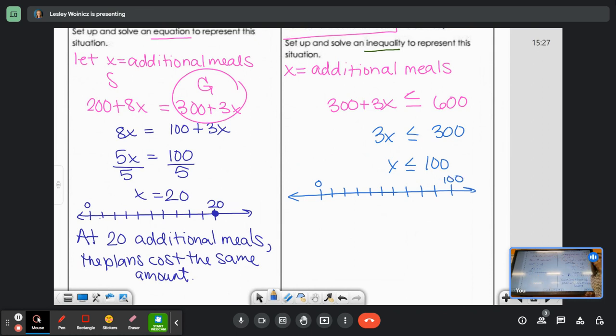What kind of dot? Shaded dot. Okay. Yes. Okay. I will come back to you for the sentence. Which way do I shade? Left.